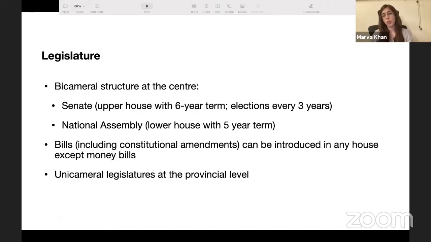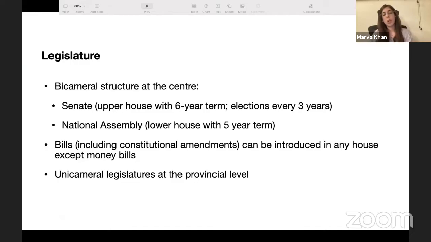For example, if there's no prime minister and the assembly is unable to come up with a prime minister. The same thing applies to the provincial legislatures as well, which are unicameral. So there's no upper house when it comes to provincial legislatures. The legislature, of course, as you know, is tasked with lawmaking and budgeting.